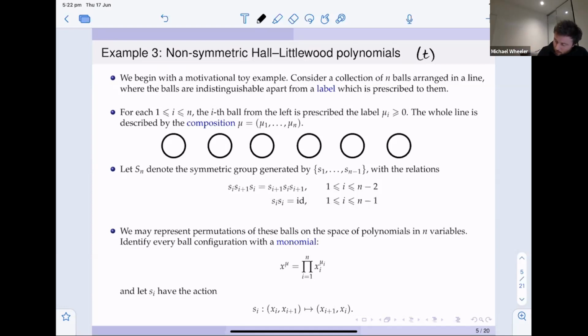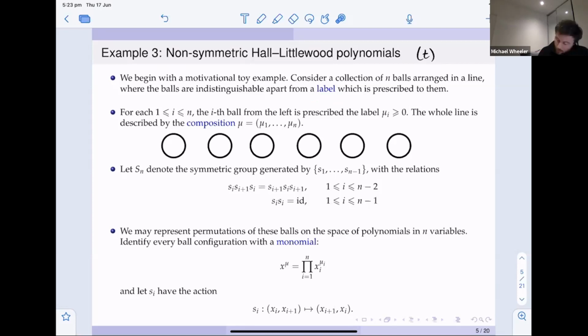All right, so let's consider something completely trivial. So let's take a collection of n balls and arrange them in a straight line. And the balls are going to be indistinguishable apart from a label which we prescribe to them. So every single ball is going to have an integer label.